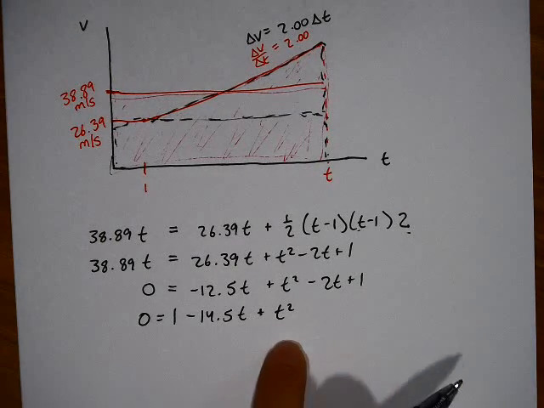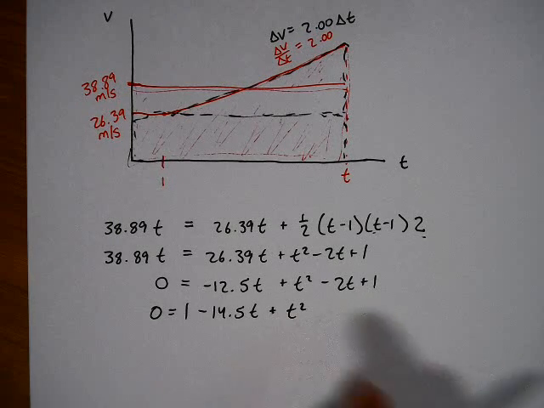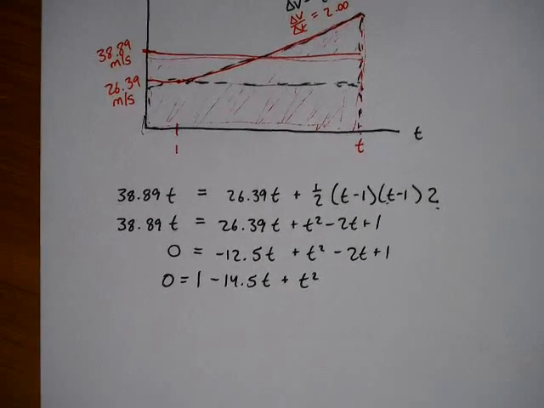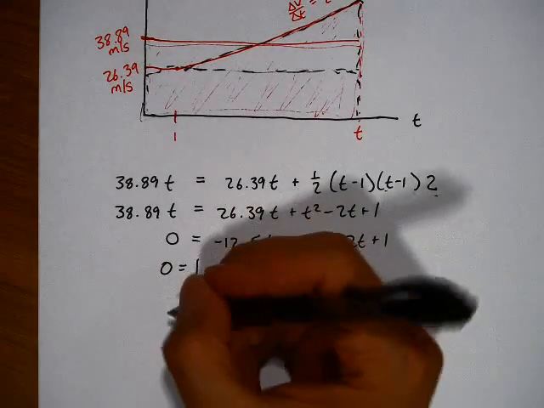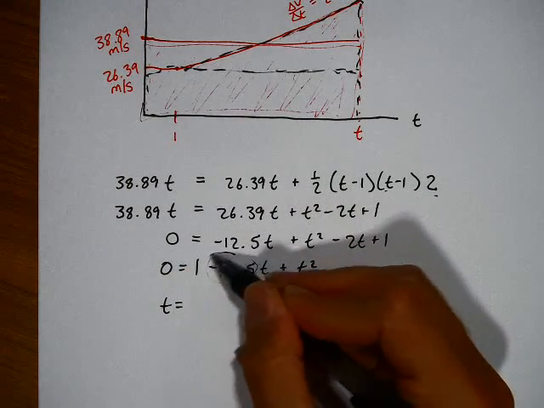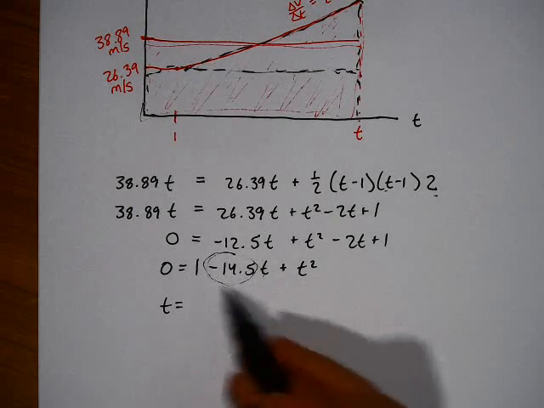So again, we arrive at a quadratic, and all these methods are requiring solving a quadratic using the formula, and that's kind of annoying, but that's what's happening. So now, again, we just say t equals negative b, negative the coefficient in front of the t term.